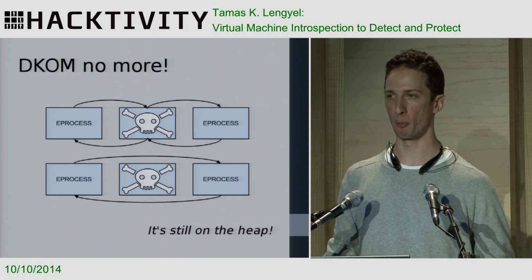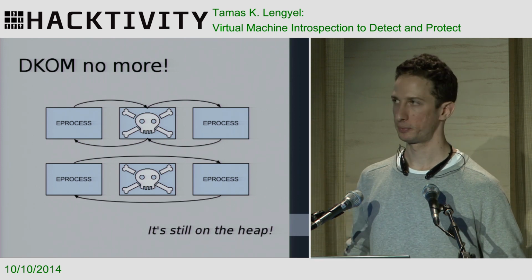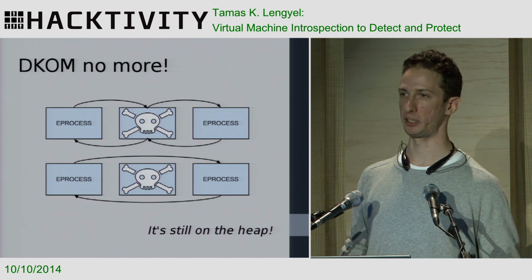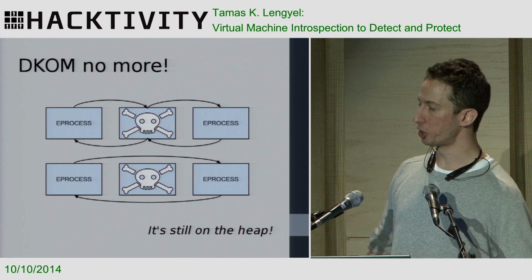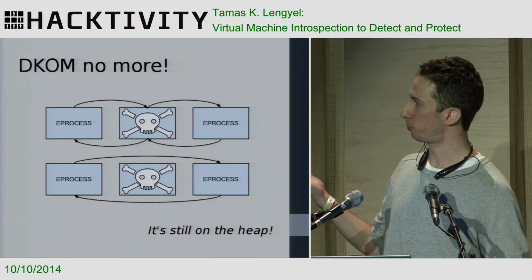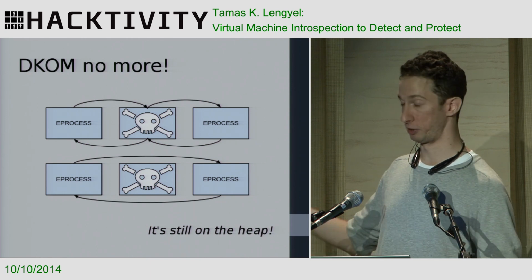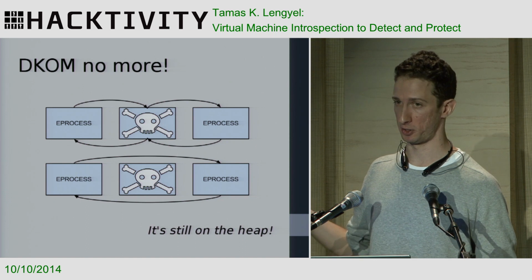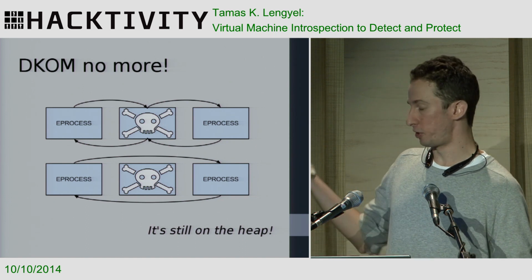If you open Task Manager, it will walk the process list, which is just a doubly linked list within Windows that holds all of these EPROCESS structures. And if you have a malicious process that you want to hide from the user, if you unhook that process from the list, it will be invisible to the user, but it will still execute, because Windows doesn't care about this list. It only cares about what's schedulable. But this is good against the user.